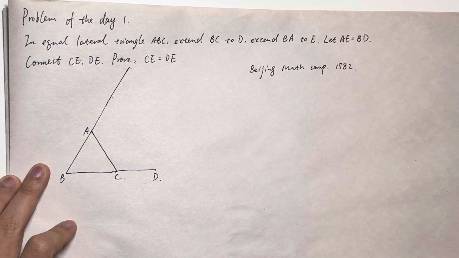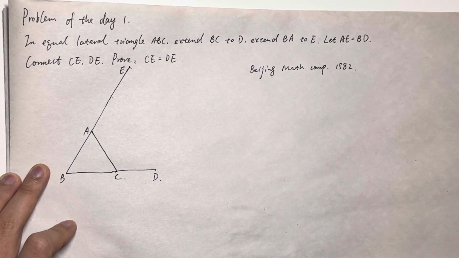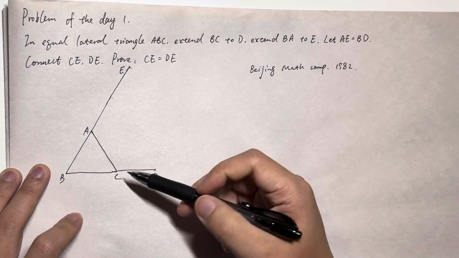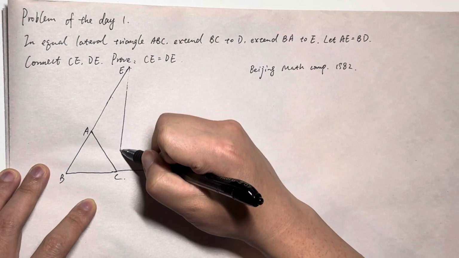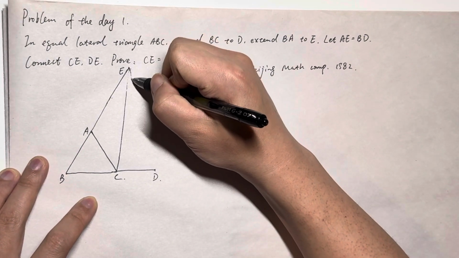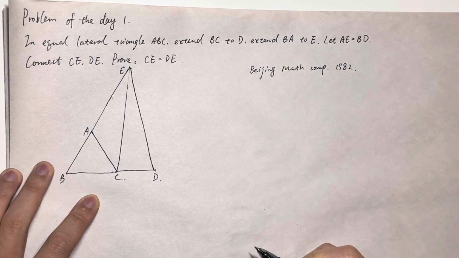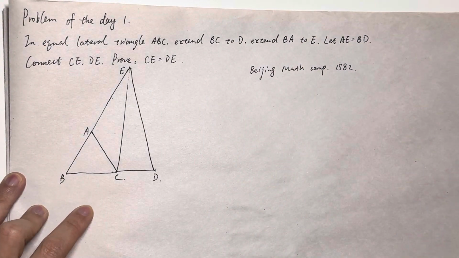Okay, this is E, AE equals BD. And connect CE and DE. Now we want to prove that CE equals DE.